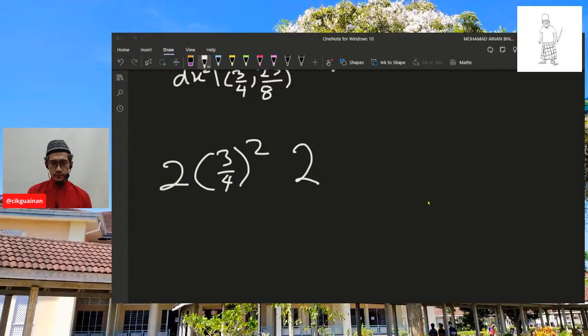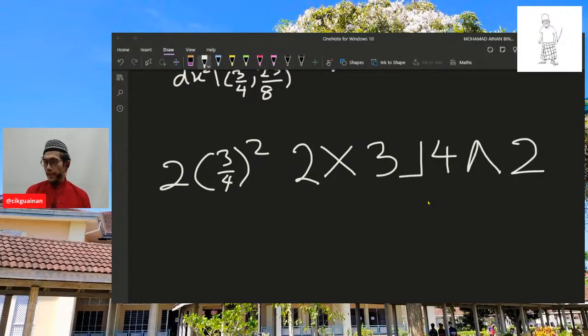If you use the black calculator, you will do this: 2, then multiply, then 3, the fraction symbol, 4, then power 2. If you do it like this, it is wrong. So what should we do?